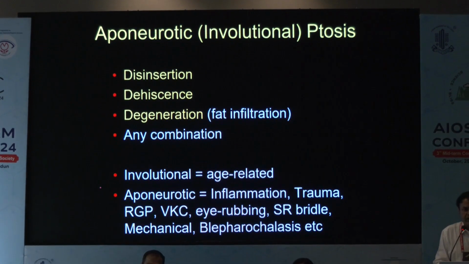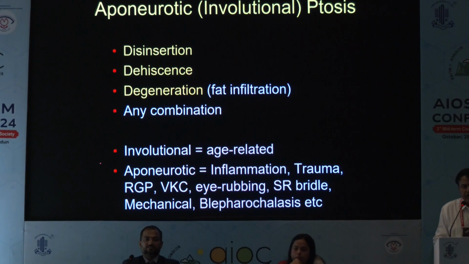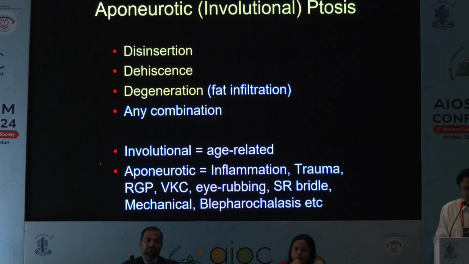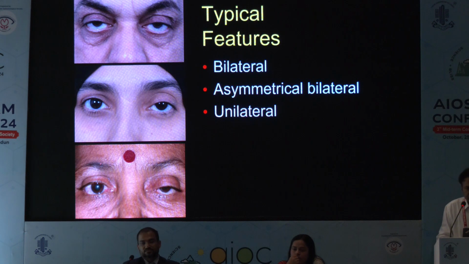Involution is typically age-related, but exactly similar ptosis can happen in patients who have had inflammation such as blepharochalasis, trauma, use of rigid gas permeable contact lenses, chronic VKC, eye rubbing, allergic eye disease, and mechanical causes such as recurrent chalazion. Anything can cause involutional aponeurotic ptosis.